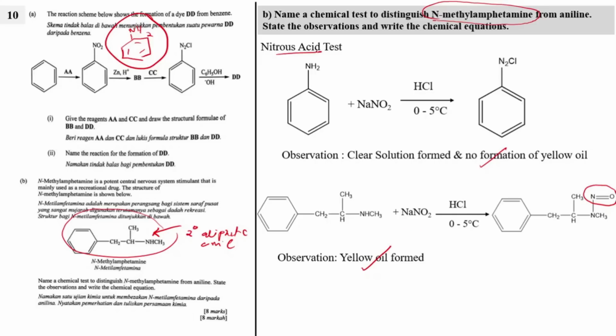And you also need to name the chemical test because it asks you to name the chemical test that you have chosen. Okay, so for this part, the naming is going to be one mark. The chemical reaction, if both of these are correct, will be another mark for the chemical reaction. And then observation, one negative and one positive, will be another mark.